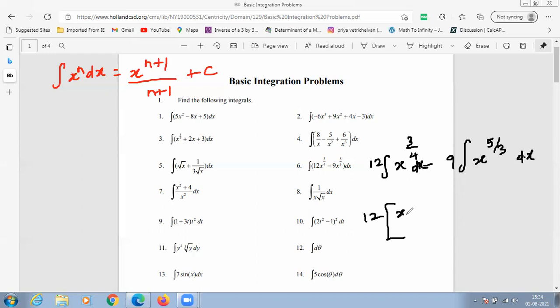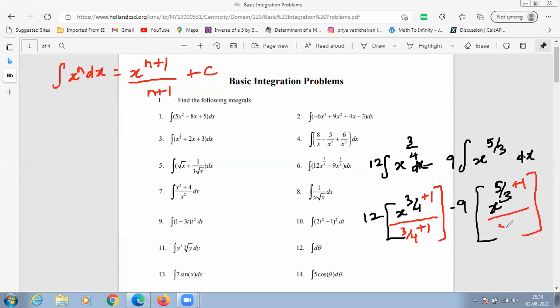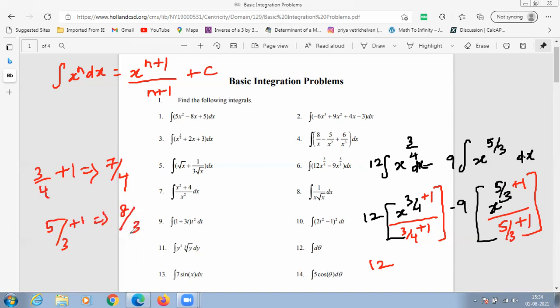So it's 12 into x power 3 by 4 plus 1 upon 3 by 4 plus 1, minus 9 into x power 5 by 3 plus 1 upon 5 by 3 plus 1. So 3 by 4 plus 1, for the simplification, will be 7 by 4. And 5 by 3 plus 1 will be 8 by 3.